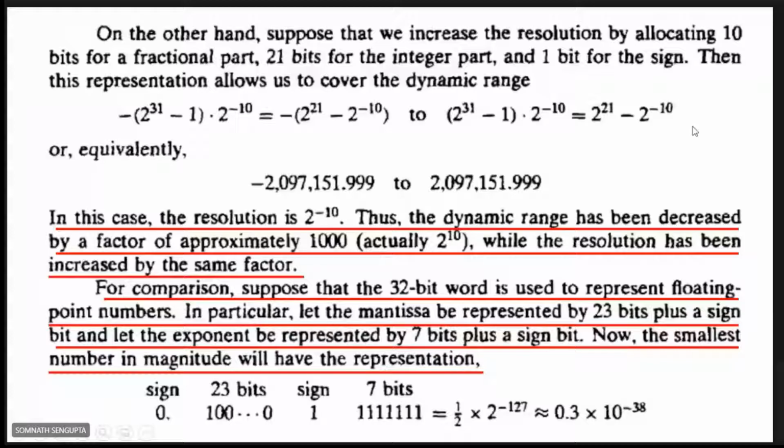So its number has now become this one, minus 2 to plus 2 something. In this case, the resolution is 2 to the power minus 10. Why this resolution? Can you tell? The resolution is 2 to the power minus 10.